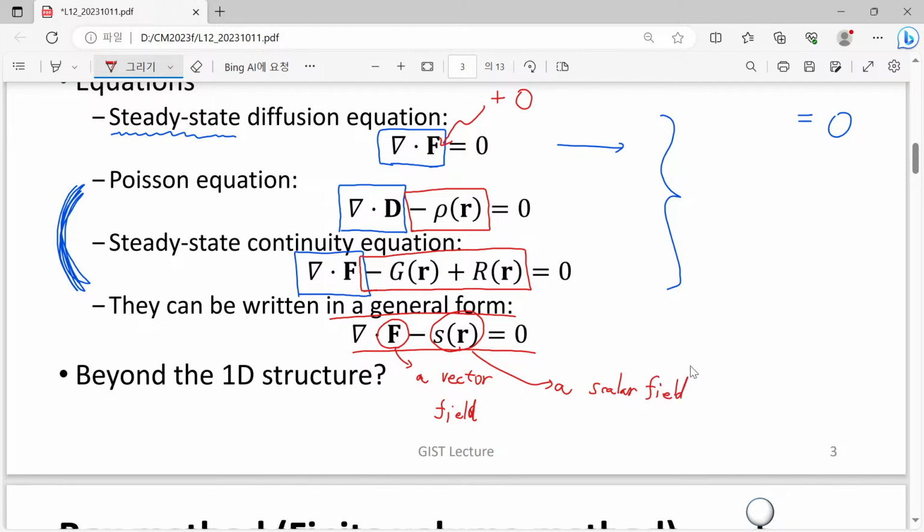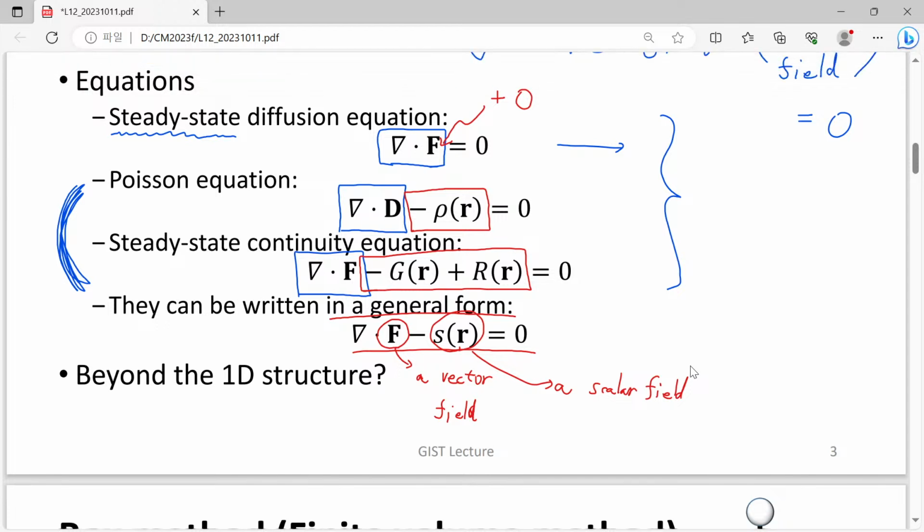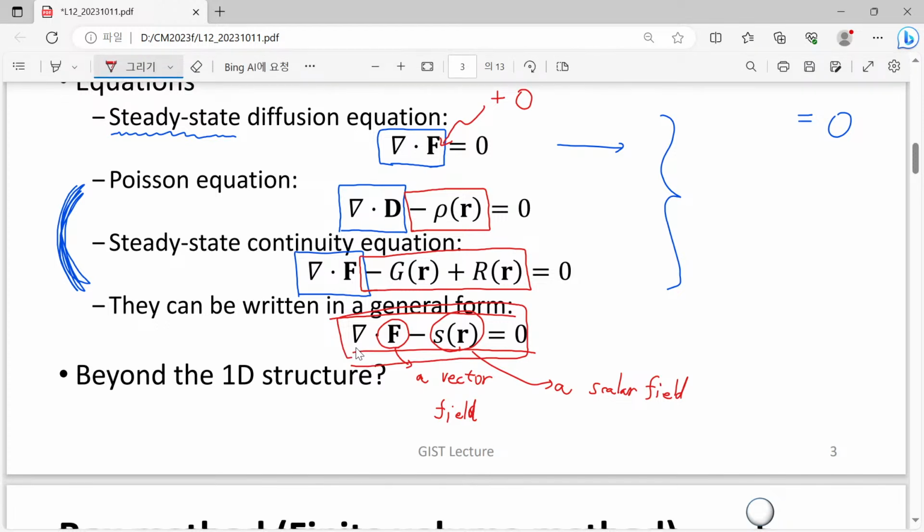So now you understand that many equations, actually all equations studied in this course, can be written in this form. This is quite general, as far as we are interested in computational electronics and microelectronics, so it is quite common.